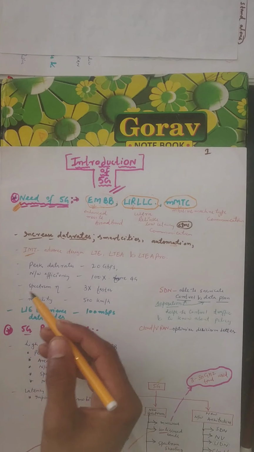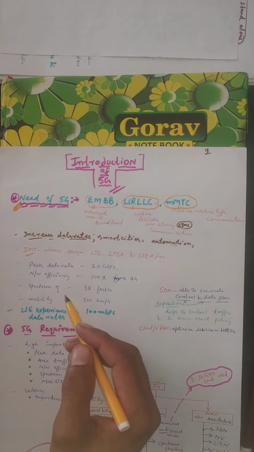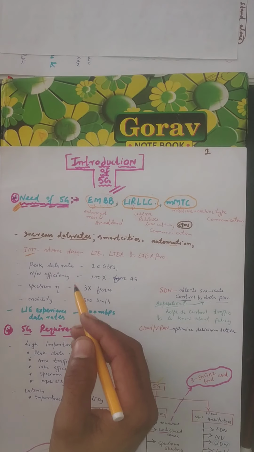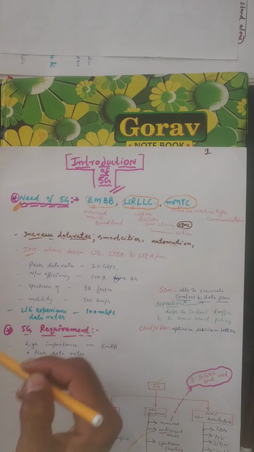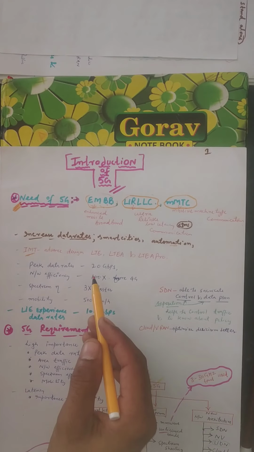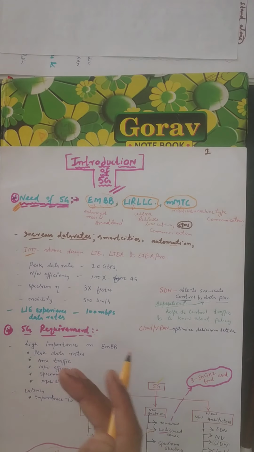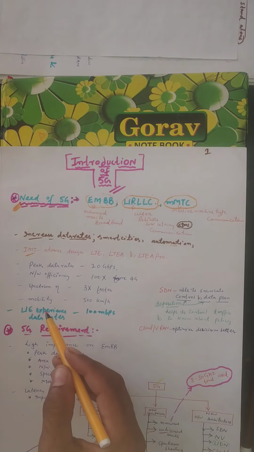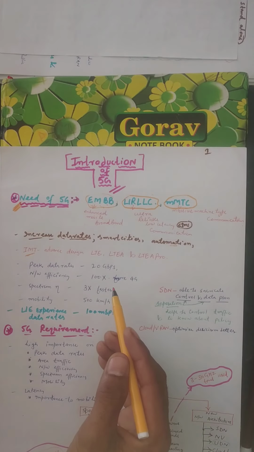So in these designs, we are talking about the 5G communication system. In the 5G communication system, the peak data rates are increased up to 20 gigabits per second. The network efficiency is 100 times more than the 4G communication system.